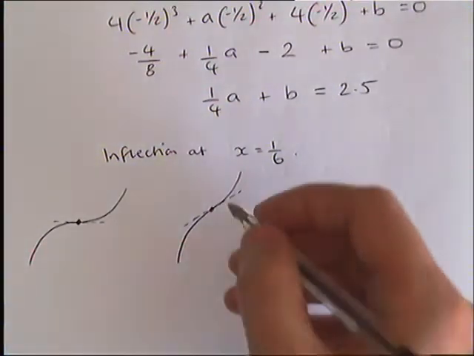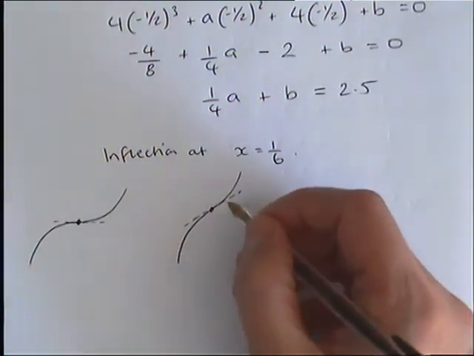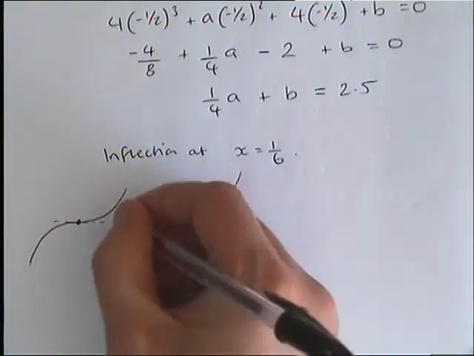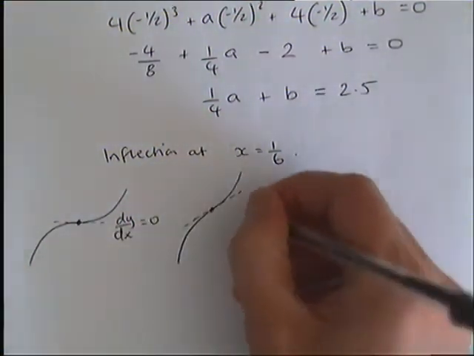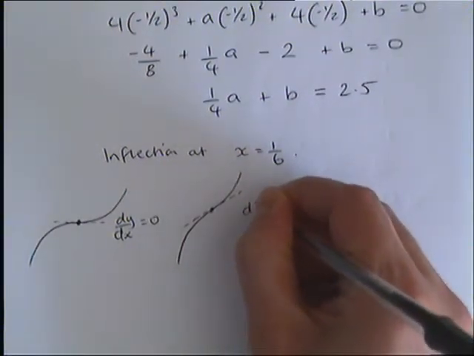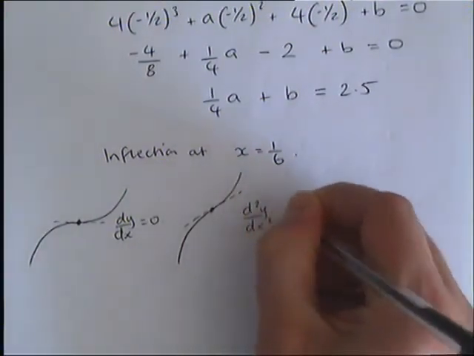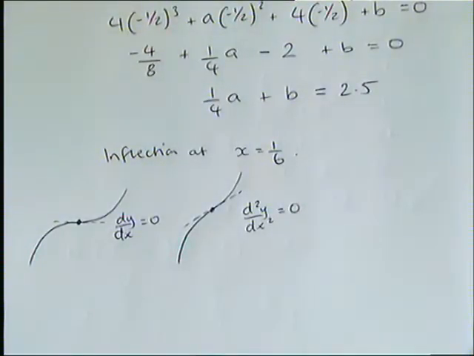So if you're looking for somewhere that has a point of inflection, you're not necessarily looking for dy by dx to equal 0. What you are looking for is the second derivative to be 0.